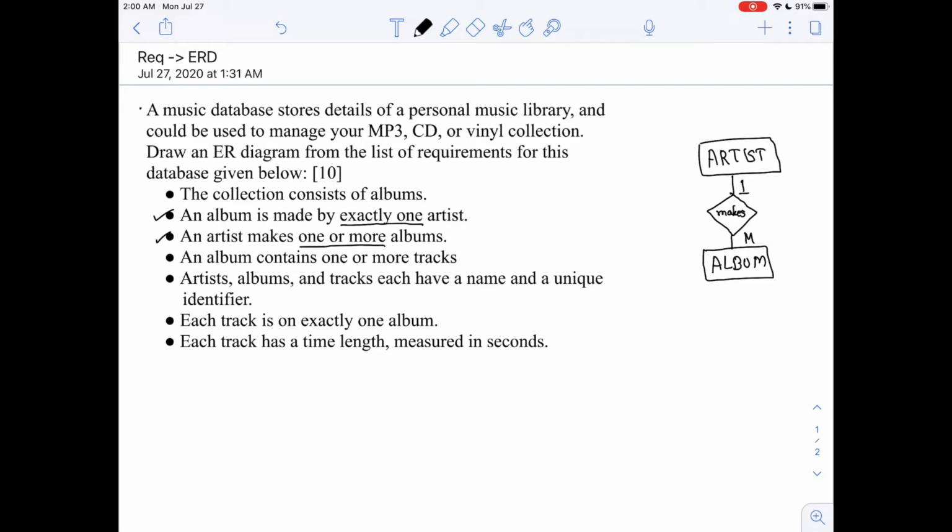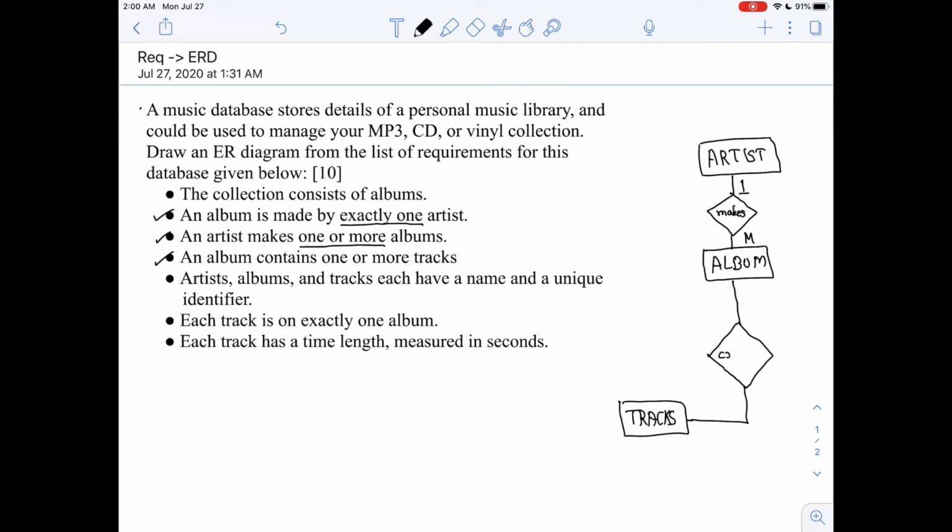Okay, then let me read, an album contains one or more tracks. So clearly, albums have a relationship with tracks. So therefore tracks must also be what? An entity.